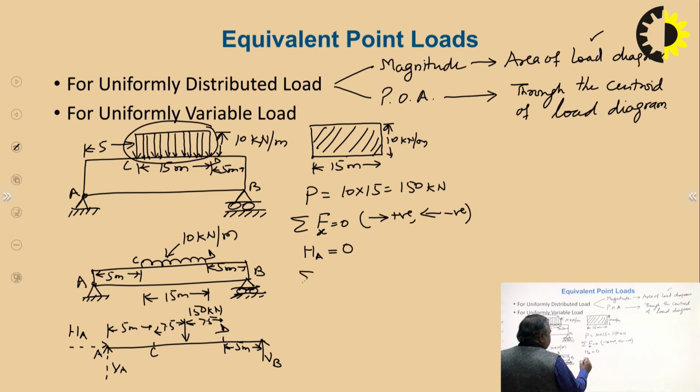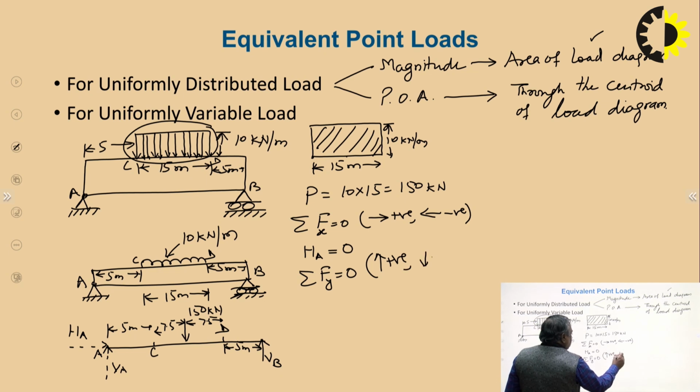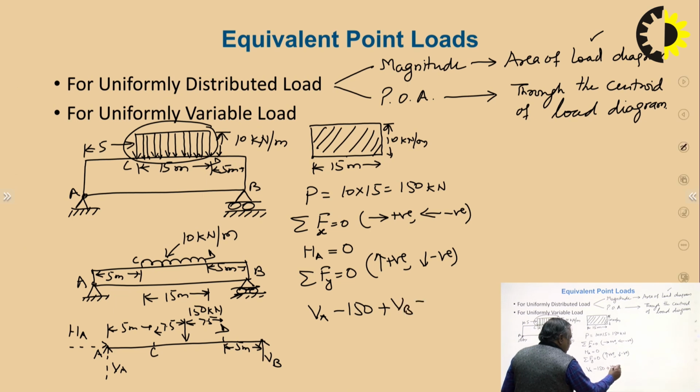Summation Fy is equal to 0, upward positive, downward negative. So upward VA is positive, minus 150 downward, plus VB upward is equal to 0. So VA plus VB is equal to 150. This is equation number 1.